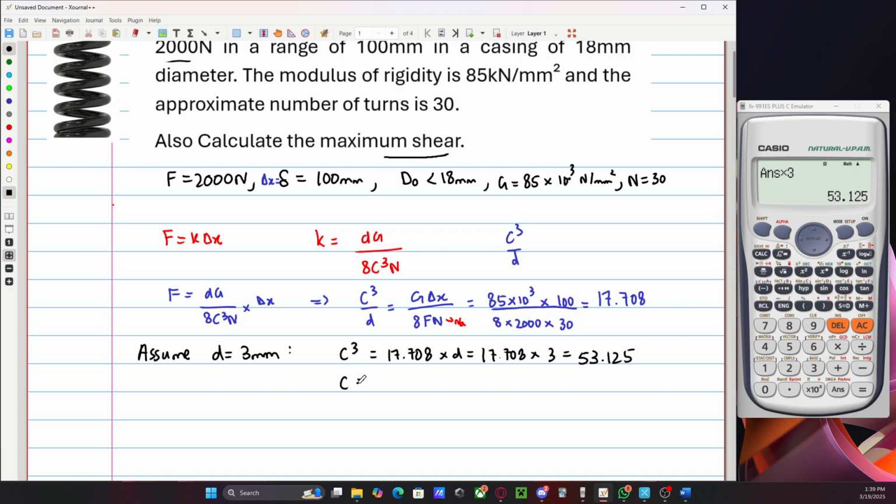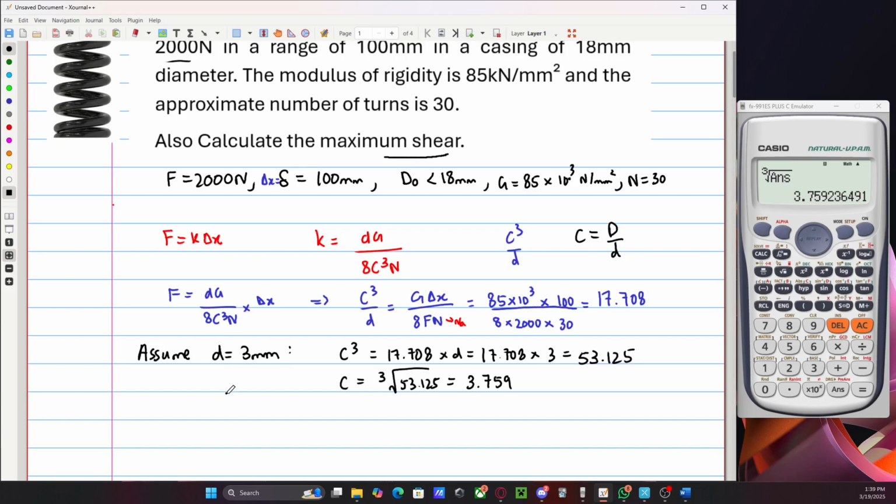Now we cube root this answer, and you get 3.759.